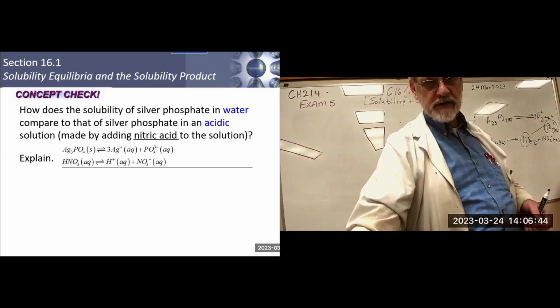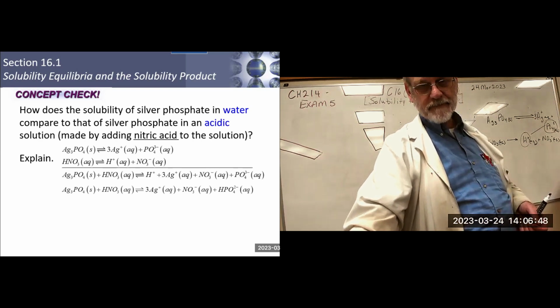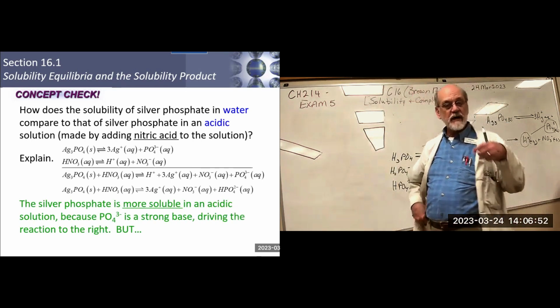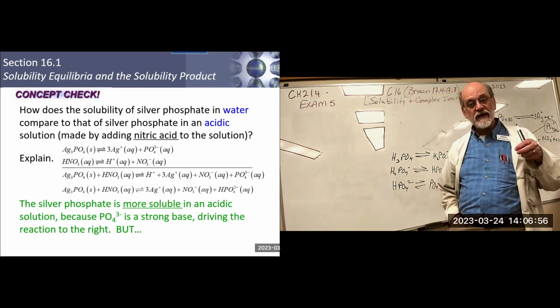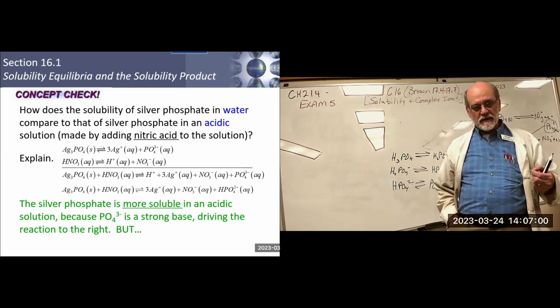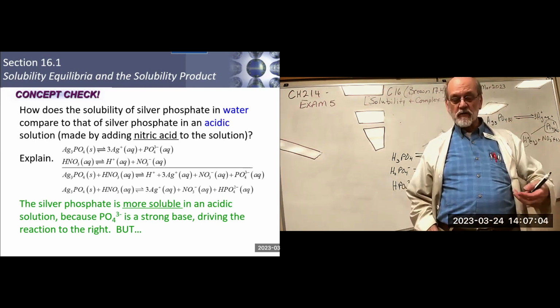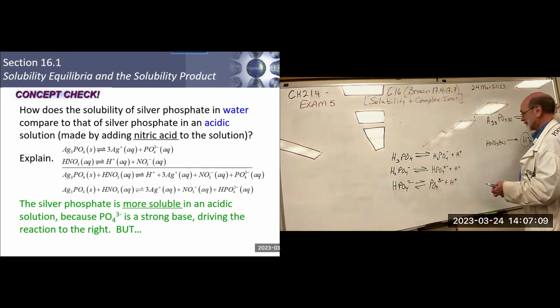And this is the way it looks. Silver phosphate becomes more soluble in acidic solution because the phosphate ion is a strong base, driving the solubility reaction to the right, just like we said here.